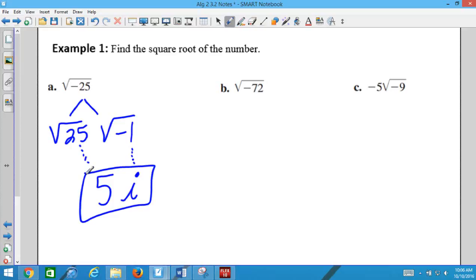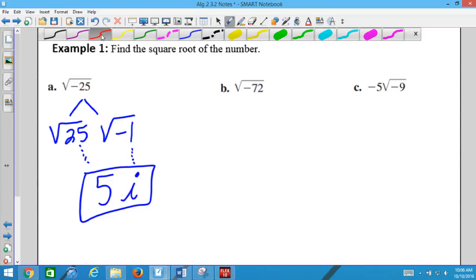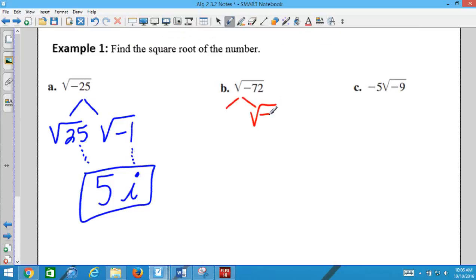So question B. First thing I want to do is separate the square root of -1 from the square root of 72. And the square root of -1 is i. The square root of 72, is that a perfect square?